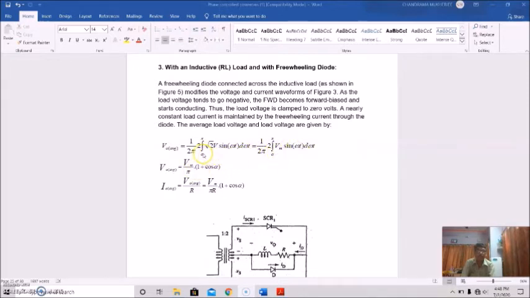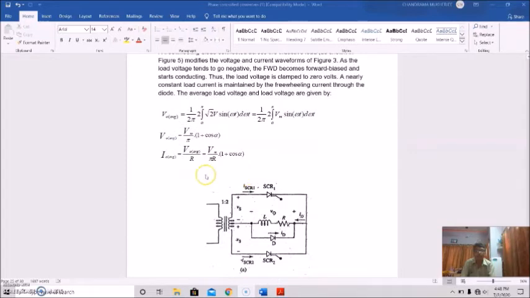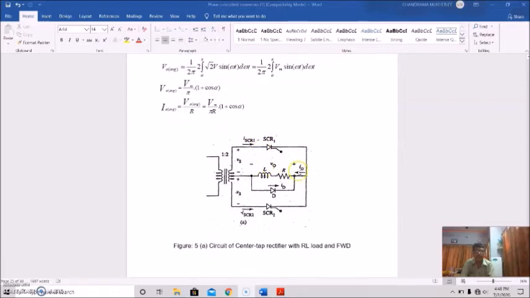So if we calculate this: 1 by 2 pi, twice the integration from alpha to pi of root 2 V sin omega t d omega t, it will ultimately come as Vm by pi (1 plus cos alpha), and the average current will be this divided by R. Okay, so the average output voltage divided by R. So this will be Vm by pi R (1 plus cos alpha).